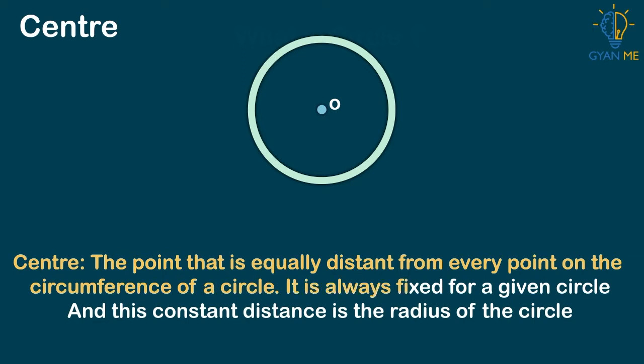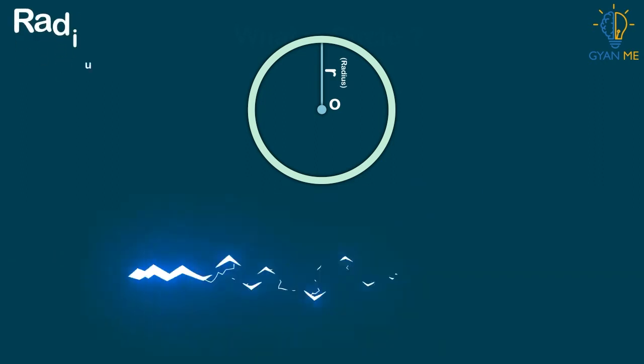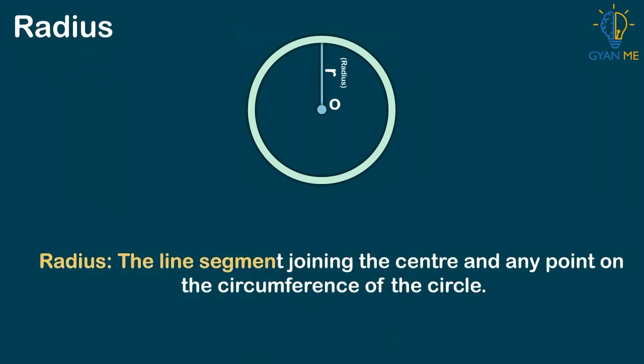It is always fixed for a given circle. Also, that fixed distance or a constant distance is the radius of the circle. That means radius is the line segment joining the center at any point on a circumference of the circle.